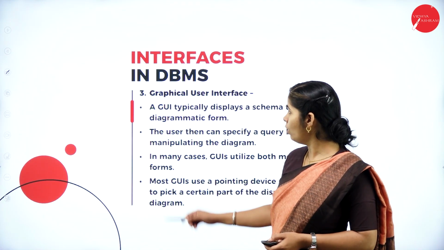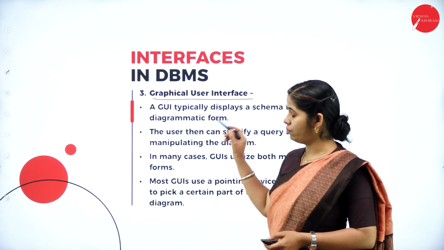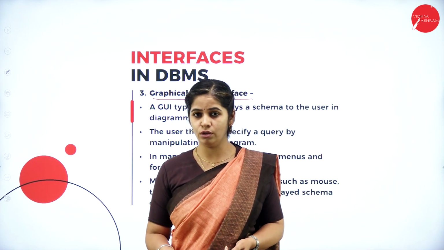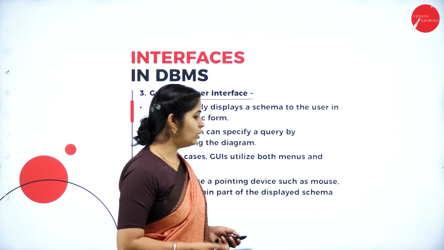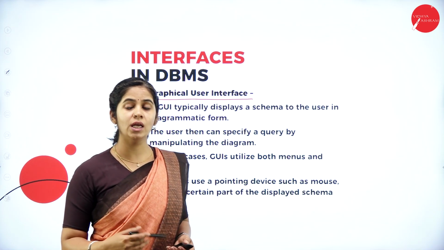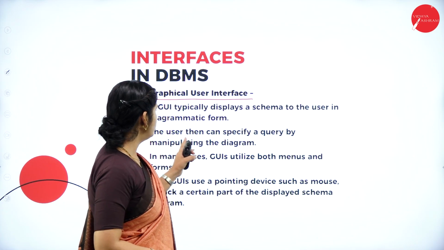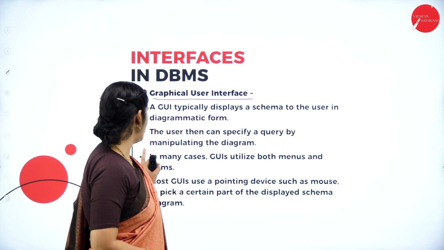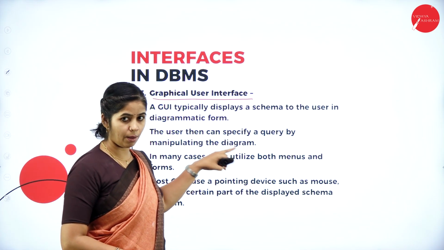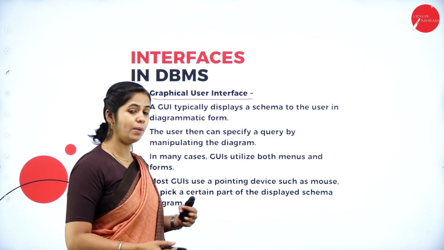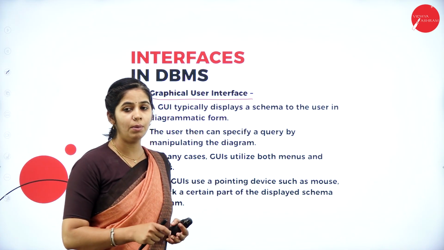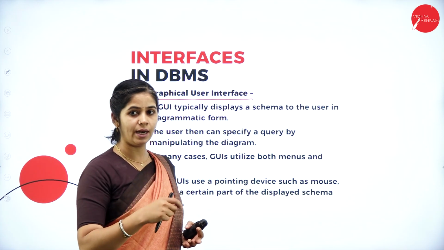Next, we have the graphical user interface. Most of you know what a graphical user interface, GUI, is. By using the drag and drop option, you can insert the data into the database. The user can specify a query by manipulating the diagram. How do you manipulate the diagram? By inbuilt functionalities, that is drag and drop.